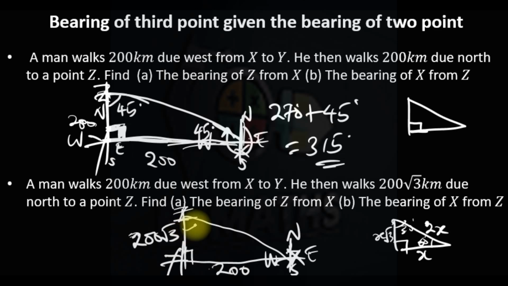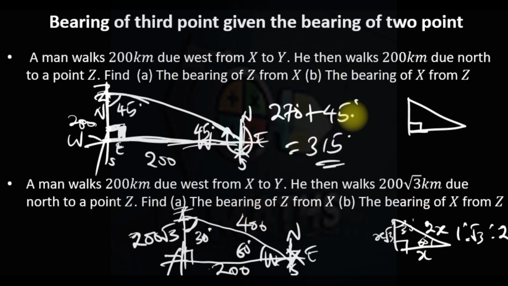So here is 30, while here is 60. You can even get the value here: the length is 400. So that's the 30, 60, 90 theorem. Very important theorem. The ratio is 1 to root 3 to 2, once you know it's a 30, 60, 90 triangle. So the bearing we are looking for.